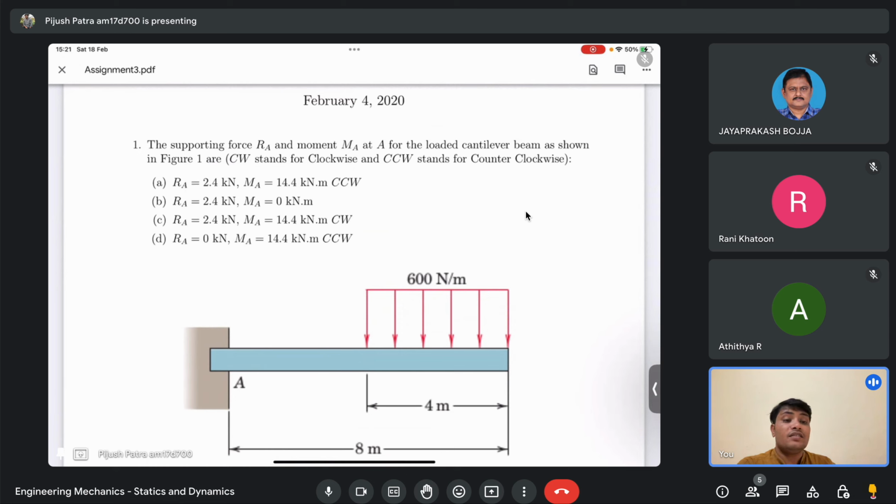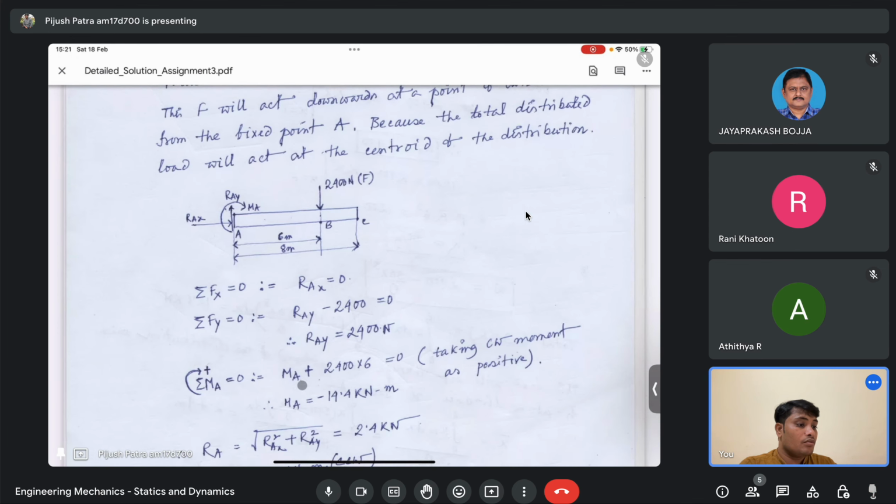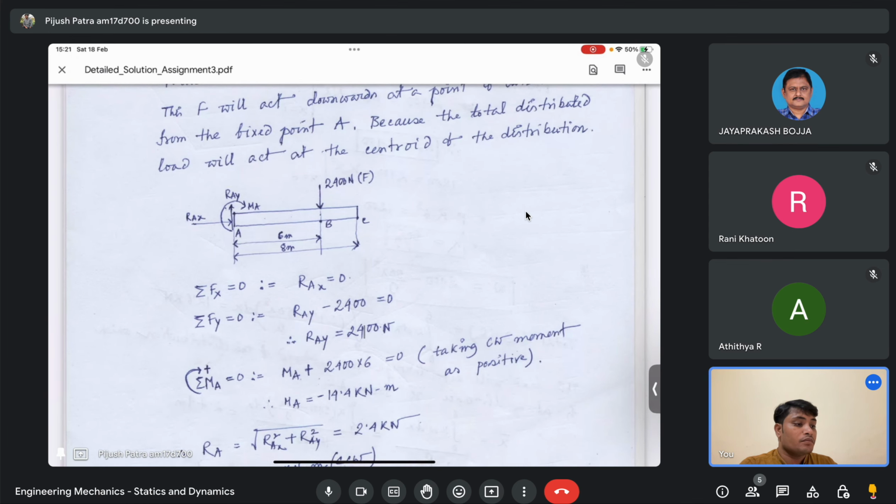Okay, and this is a statically determinate problem. Why am I saying it's a statically determinate problem? Let me go to here once again. So how many unknowns do you have in these equations? From this free body diagram, can you tell me how many unknowns are there? What and what you need to calculate?